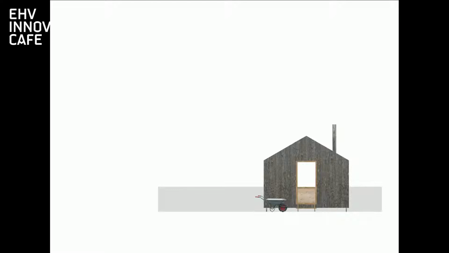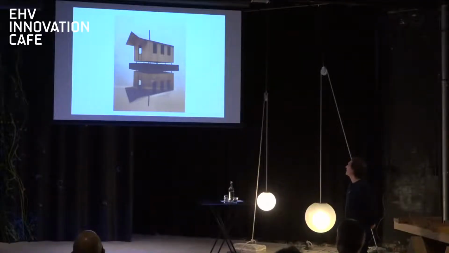So also when you would remove the structure, you can just take out all the parts. You take out the screws, and it's just the green area again. Yeah, this is a model.